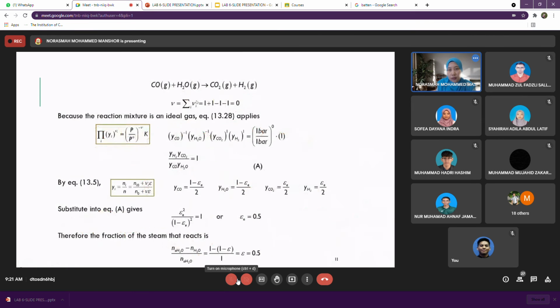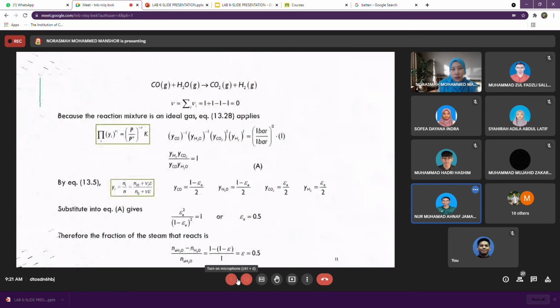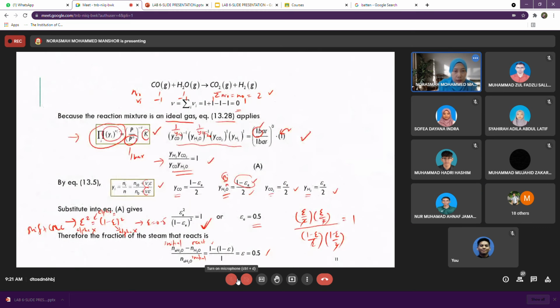Yang dekat kurungan P over P naught tu, kan dia kuasa dengan V. V tu value untuk summation VI. Yang last week you buat tu, you tambahkan semua stoichiometric number. Oh, sebab summation kosong, so kosong lah kan? Ya, betul. Thank you, madam.